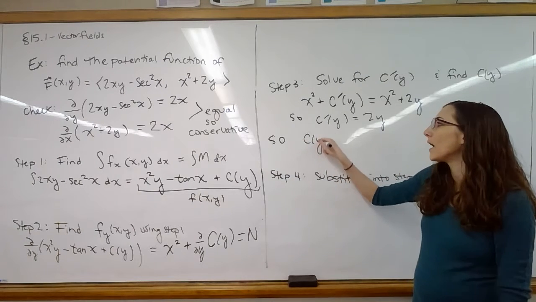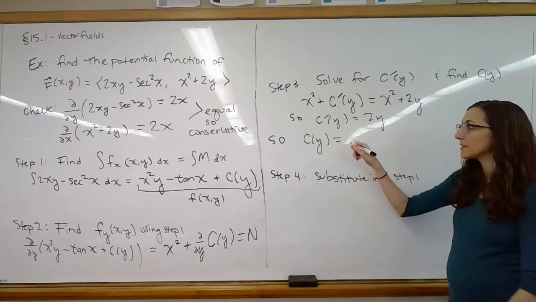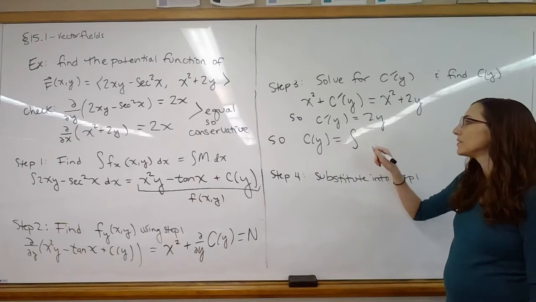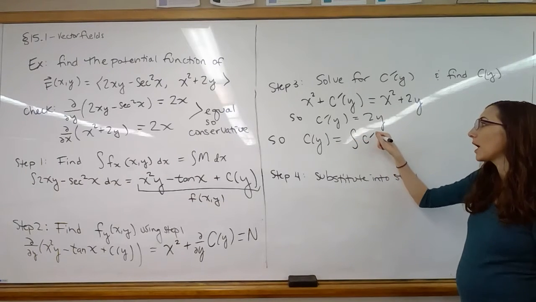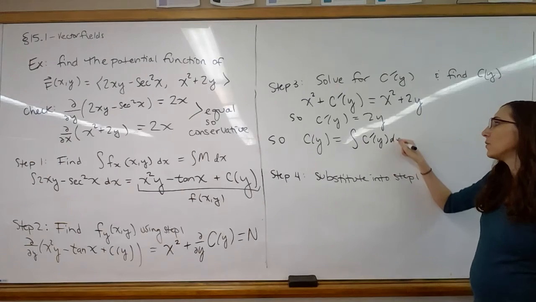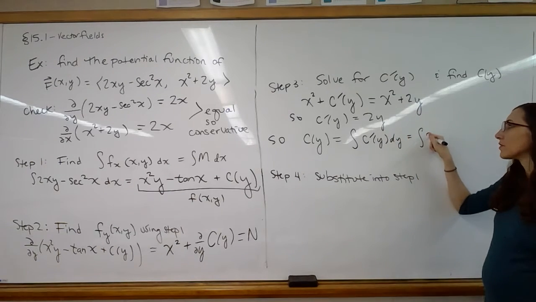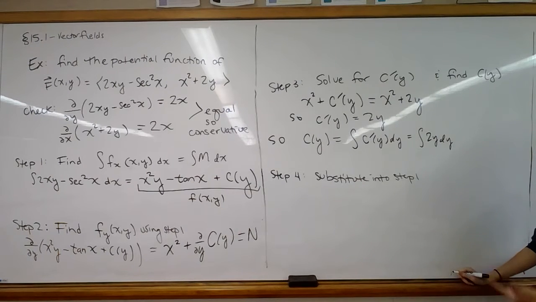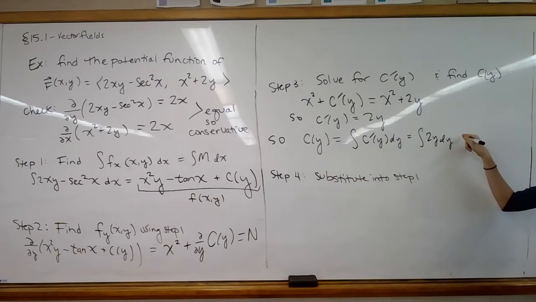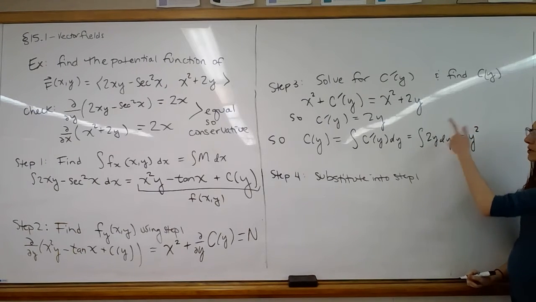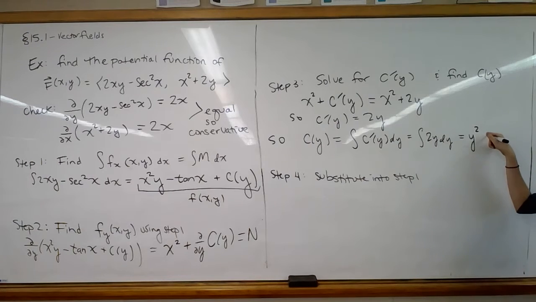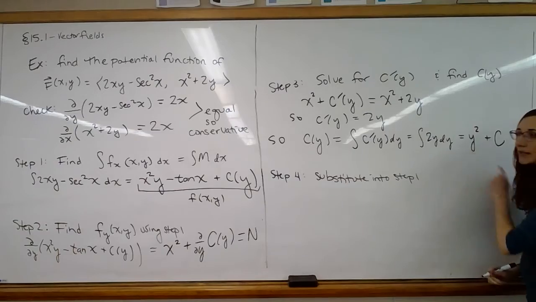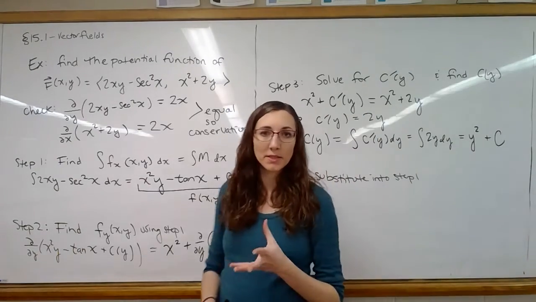So now let's try and find c. Let's go backwards again. To get c from the derivative, we'll do the integral. So c of y is the integral of c prime dy, which is the integral of 2y dy. So y is going to go up to y squared, divide by that new power. So 2y squared divided by 2 is just y squared, and then this one gets a plus, a scalar constant, because we're just integrating a single variable function, so just plus a scalar.